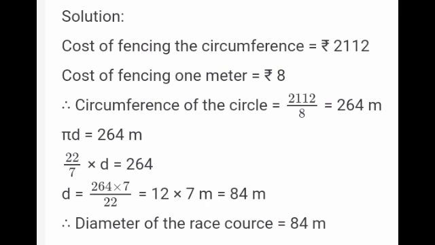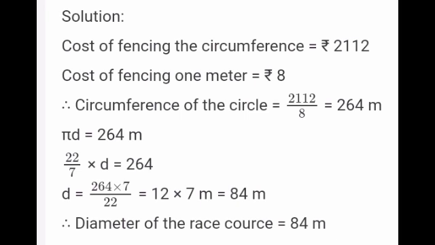Using these two values, we can find the circumference of the circle, equal to total cost of fencing divided by cost of fencing per meter. So, 2112 by 8. Using the 8 table, we get the answer 264 meter. That is the circumference of the circle.